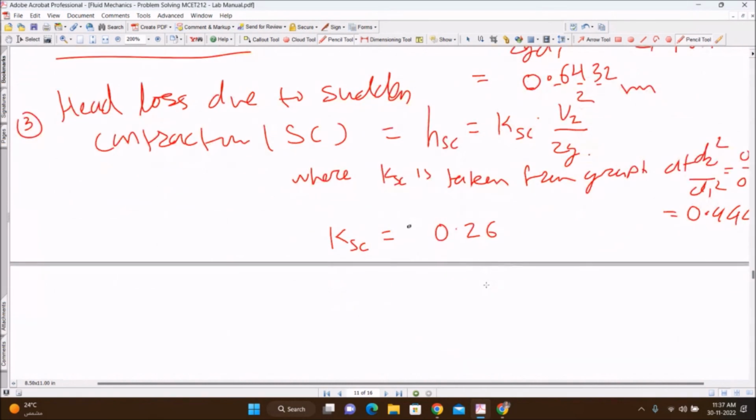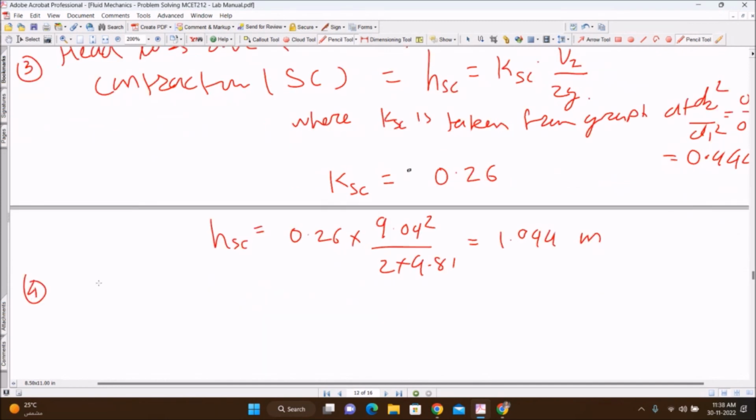So we can find the head loss due to sudden contraction HSC. KSC is 0.26 into V2 square, 9.09 square divided by 2 into 9.81, which is equal to 1.094 meters of water.